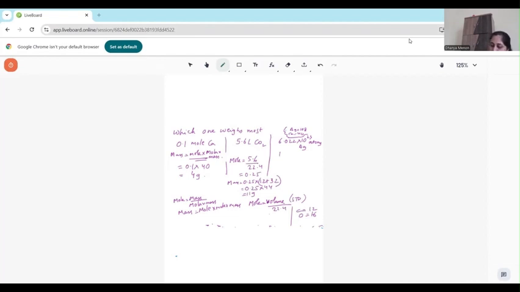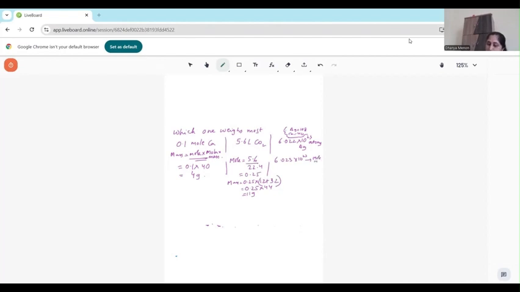We already discussed that the atomic mass or molecular mass in grams, or 6.023 times 10 raised to 23 particles, weighs equal to the molecular mass in grams.